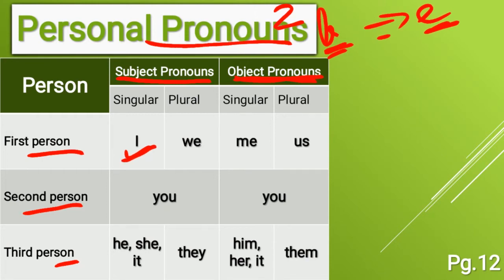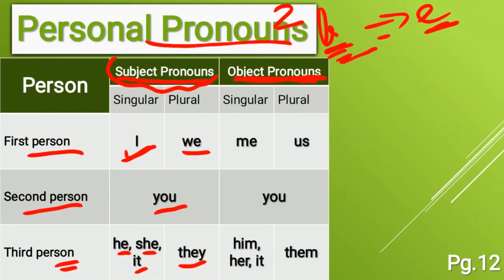First person singular is I, plural, we. Second person, singular and plural, both are you. Then third person: he, she, it are singular, they is plural. Be thorough with first person, second person and third person. Then come to the object pronouns. These are subjects, which you can use only in the beginning of the sentence.